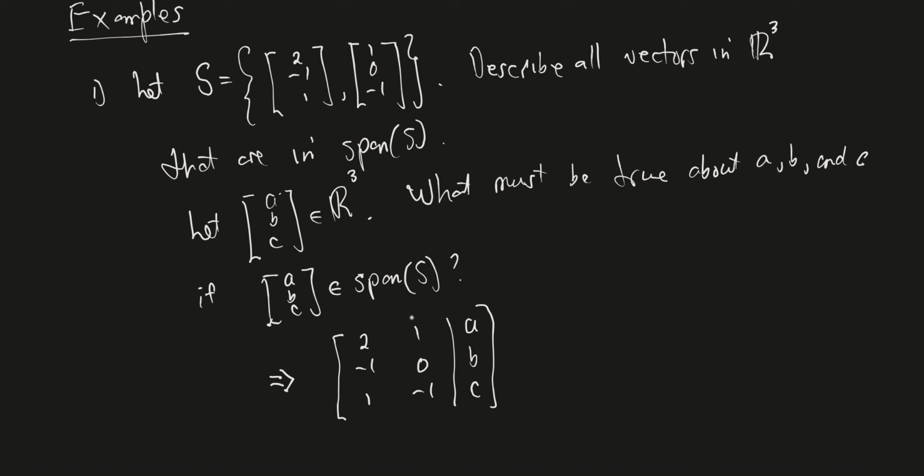What we need to do is put this in echelon form and see what would have to happen to avoid any contradictions. Because if this system is always consistent, then we know that the vector (a, b, c) will be in the span of these two vectors.